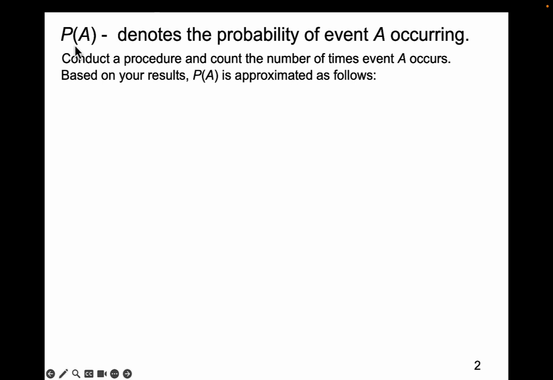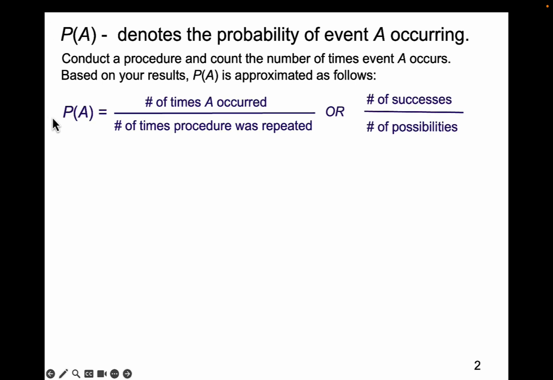Capital P, open parentheses, capital A. That denotes the probability of event A occurring. So one event here. Conduct a procedure and count the number of times event A occurs. Based on your results, the probability that event A occurs is approximated as follows.